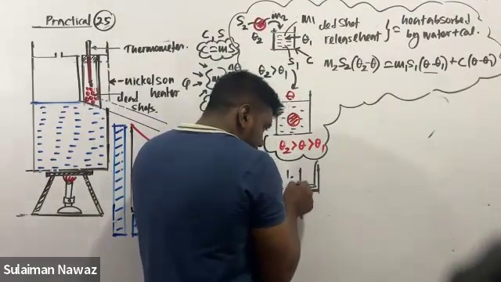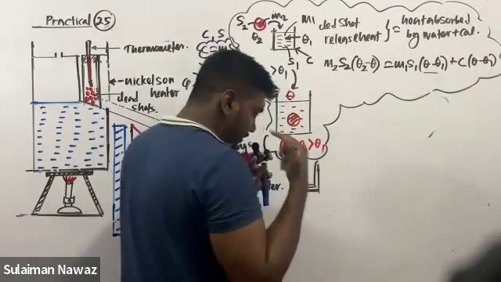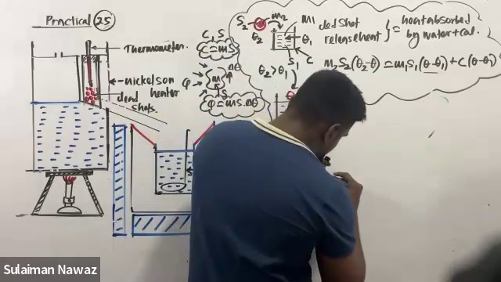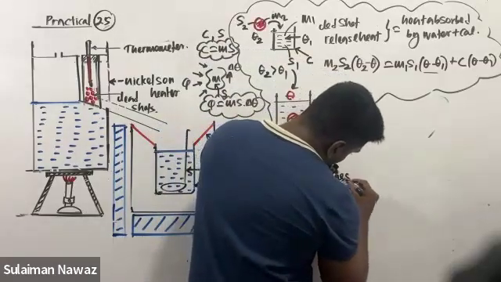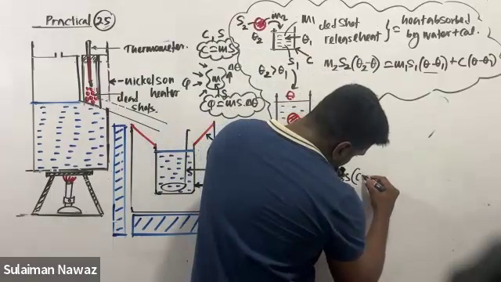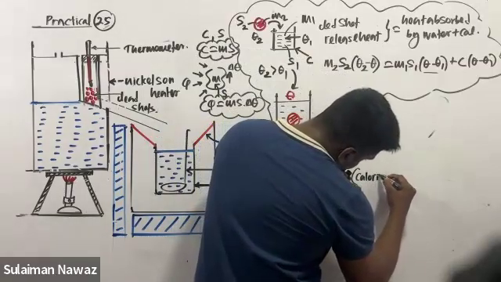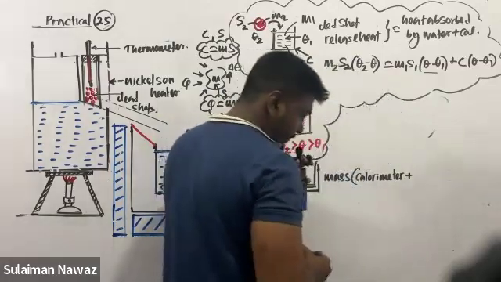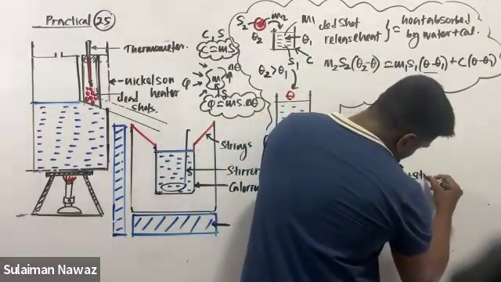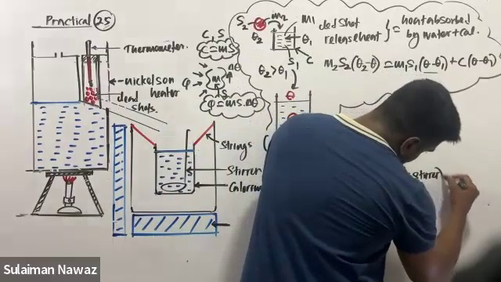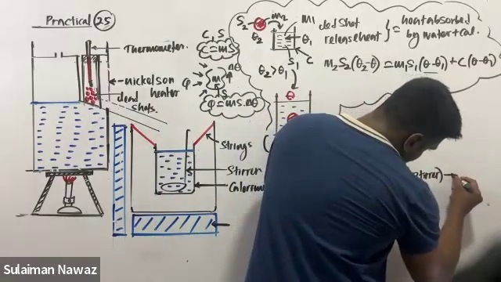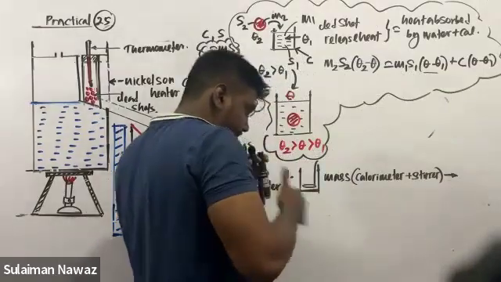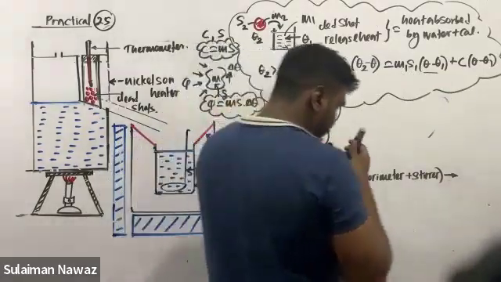What is your system? Calorie meter and the stirrer. Keep in your mind: first measure the mass of calorie meter plus stirrer. I put this mass as simply M1.